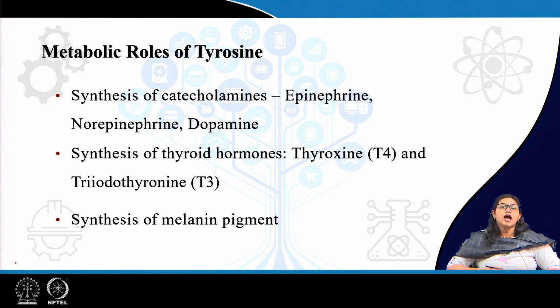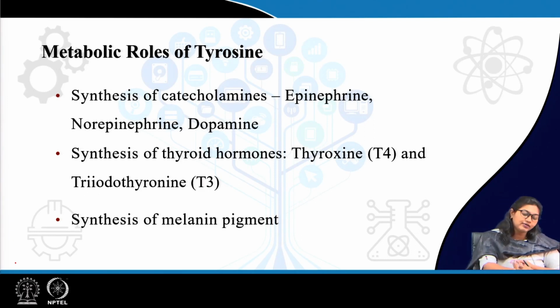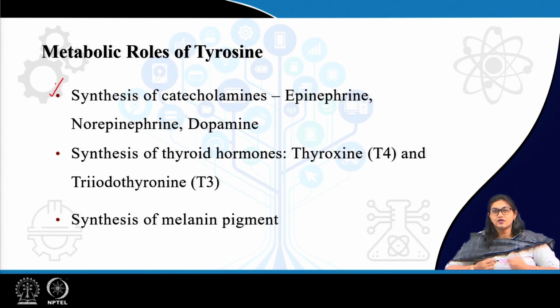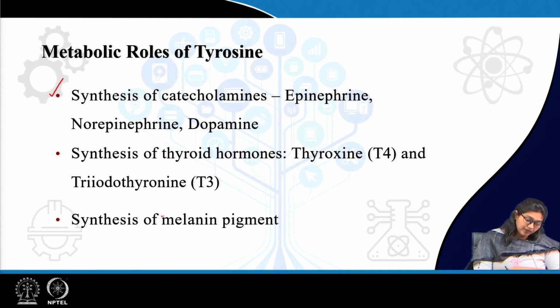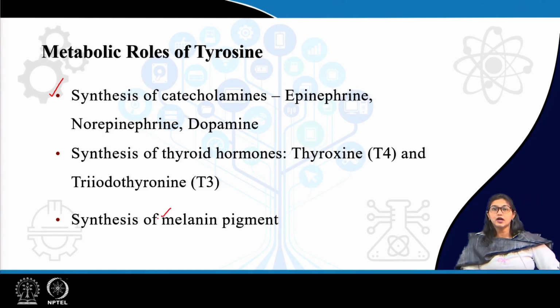Apart from these catecholamines which are synthesized from tyrosine, there are few other very important products, that is thyroid hormone, thyroxine and triiodothyronine, and also one pigment, melanin. So, in this class we are going to discuss about the catecholamines.